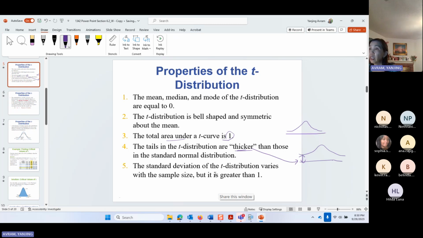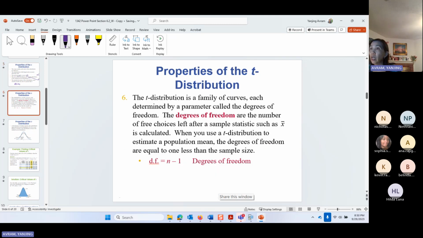All right. The standard deviation for the t distribution depends on the sample size. Okay. So we have what is called the degrees of freedom. All right. So degrees of freedom is using n minus 1. Using sample size minus 1 in here. Okay. So the t distribution is a family of curves, each determined by a parameter called the degrees of freedom.